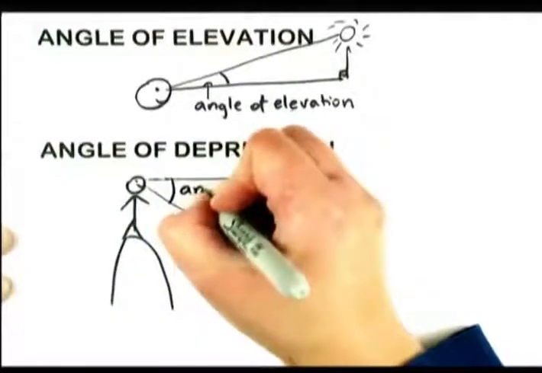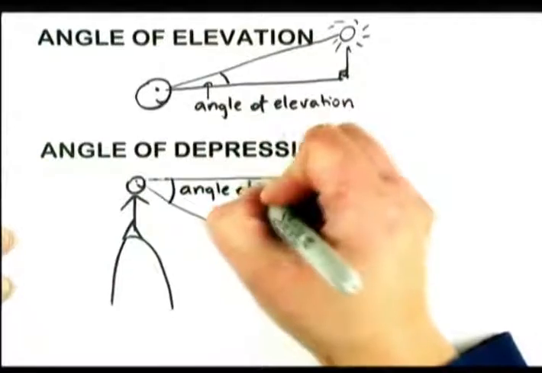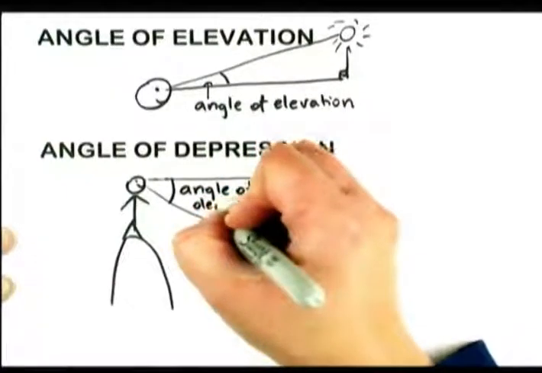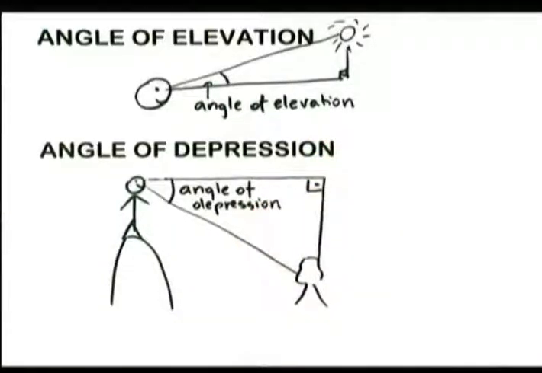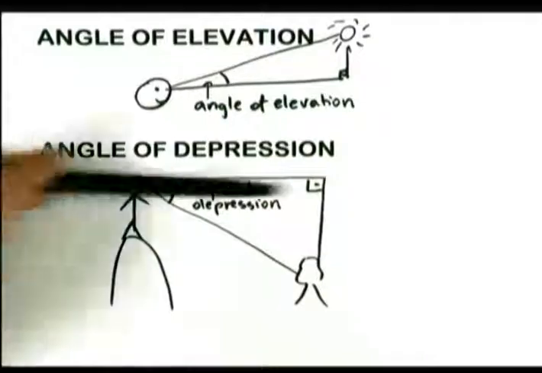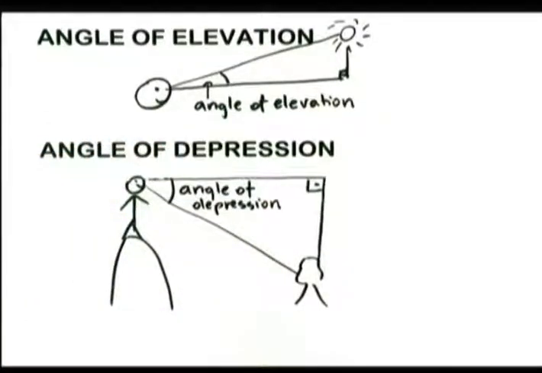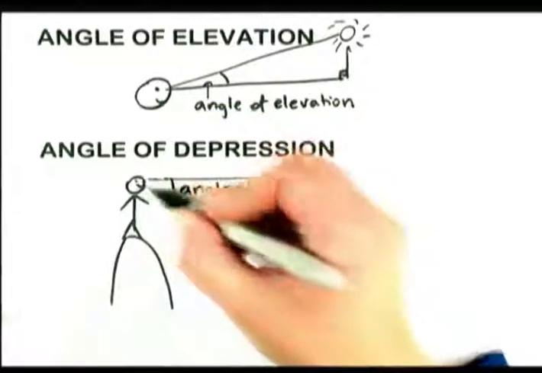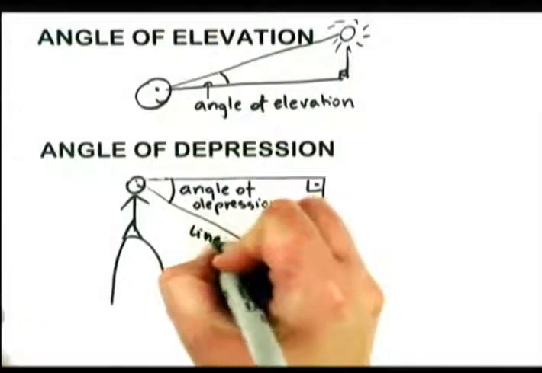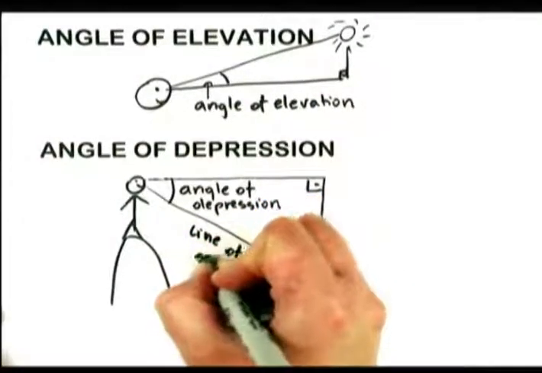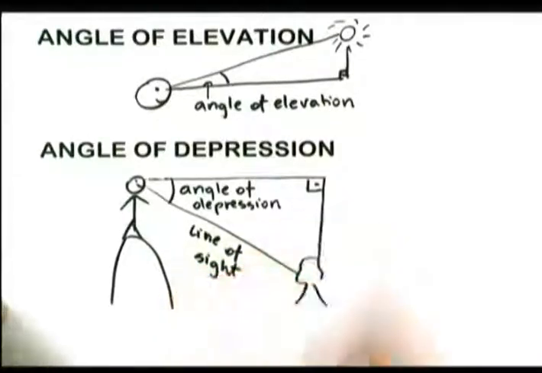Angle of depression is looking down from the horizontal line. This is the horizontal line, looking down. And this is called nothing else but the line of sight.